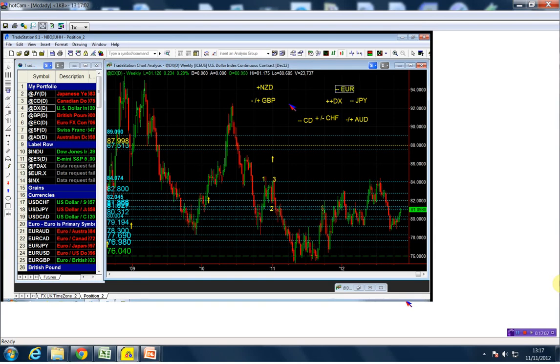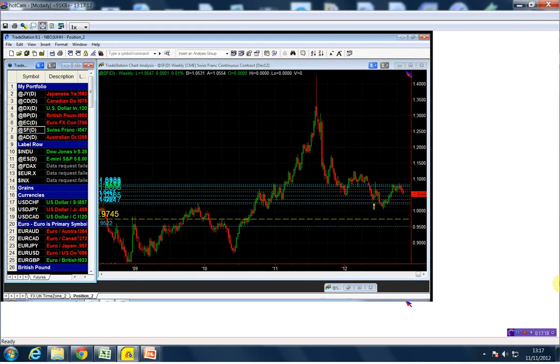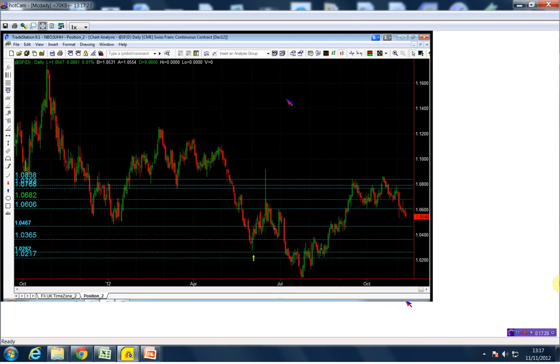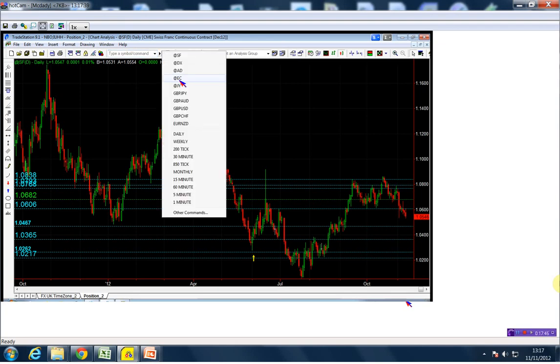Okay, so having done that, I might as well take the Swiss, and the Swiss is usually identical to the euro, but I want you to take an image of this chart. Take a picture image of this here, and take an image of this one here, and try to see if you can see the difference.